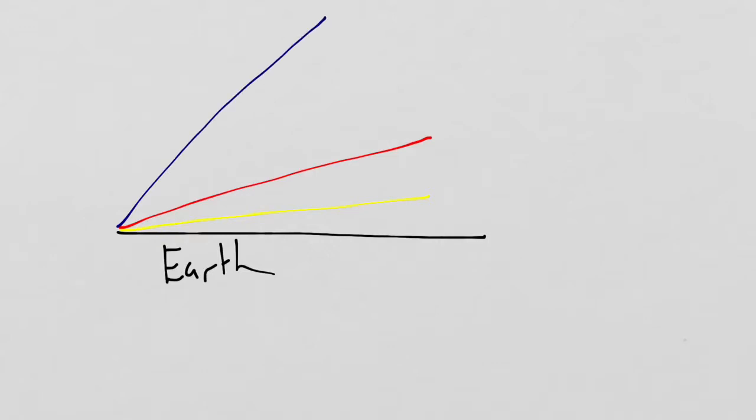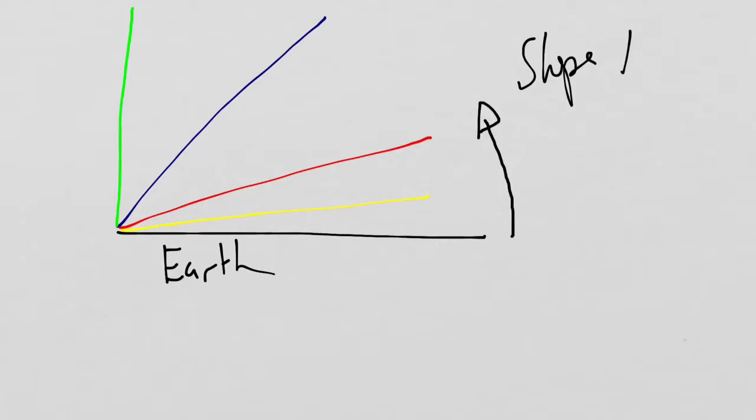When I'm going from the surface of Earth and I'm changing slope, my slope is increasing, and it's increasing so much that at some point I can have a vertical line right there.